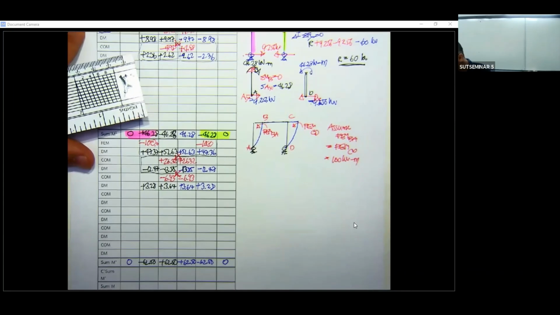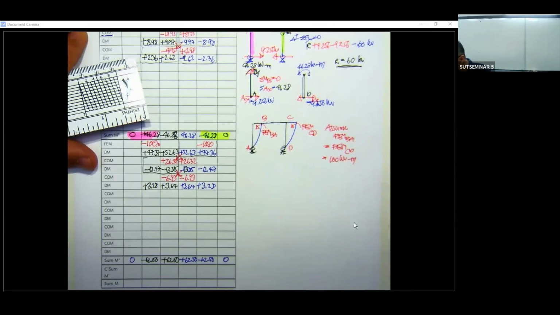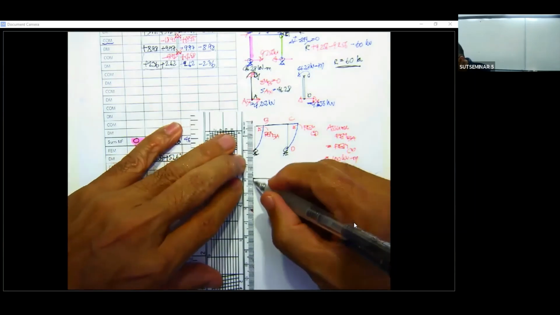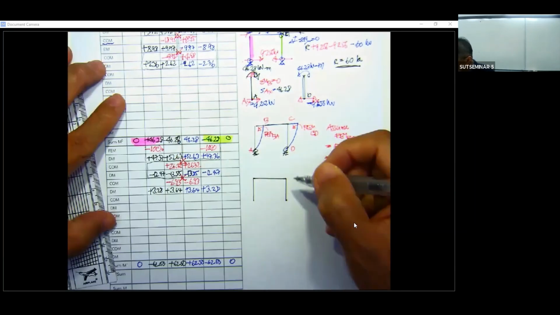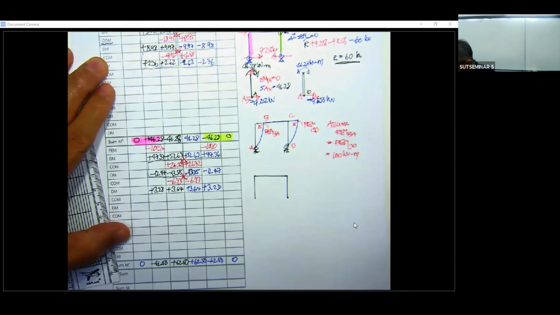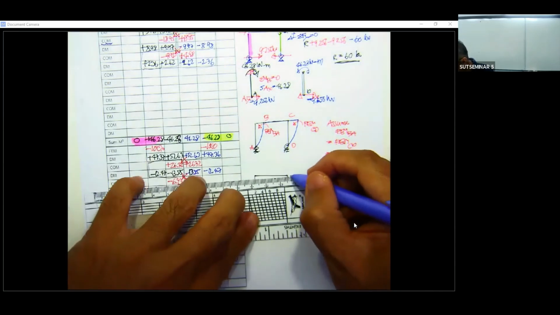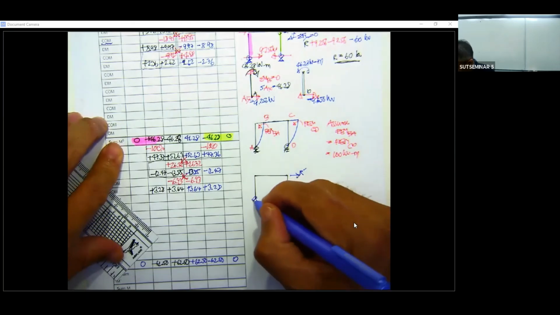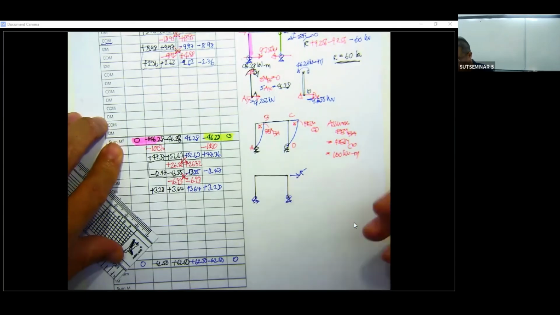You take another frame now over here, and this frame, what we have going to require this palm, and this one is going to be fixed.